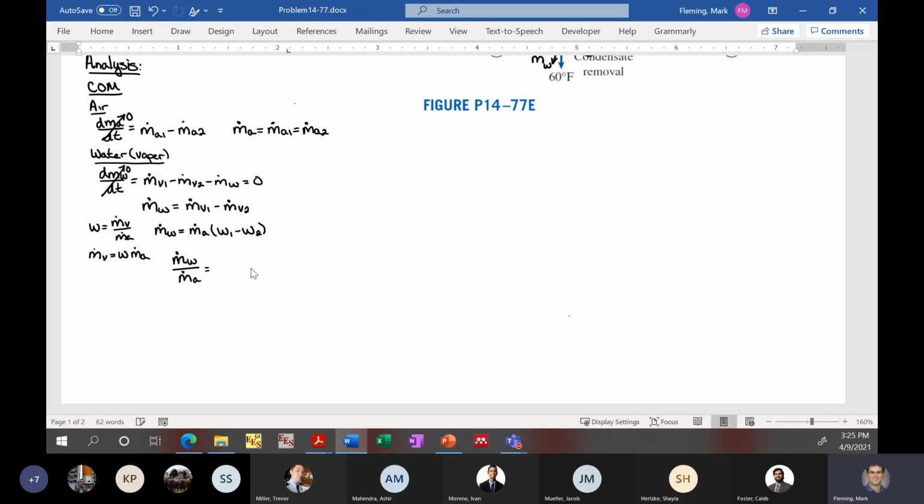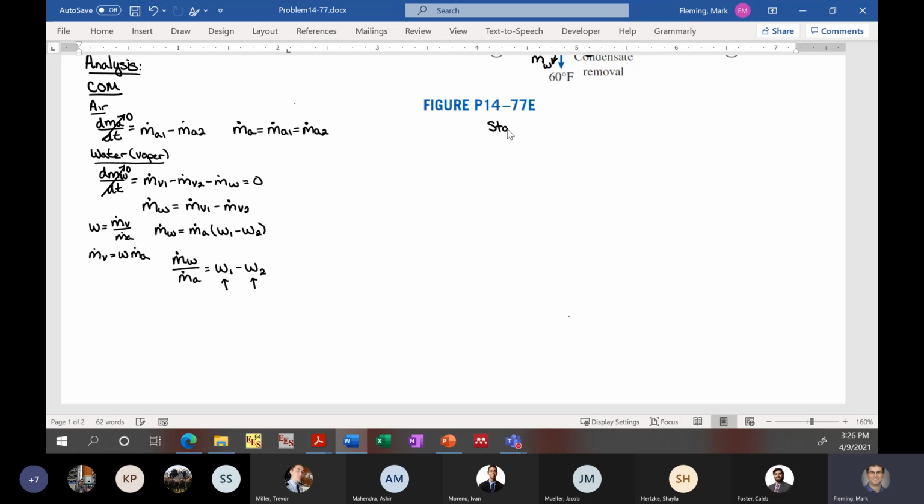And what we'll get is the value will be the difference in the humidity ratio, W1 minus W2. And so at this point we said we need to calculate the humidity ratio of state 1 and state 2 to be able to proceed. So let's go ahead and do that calculation.